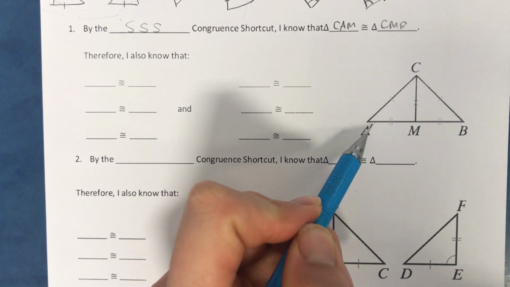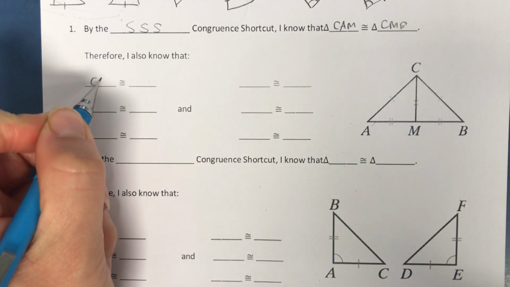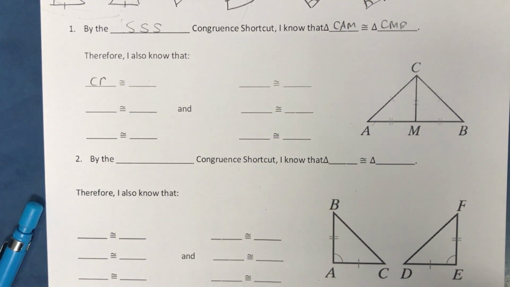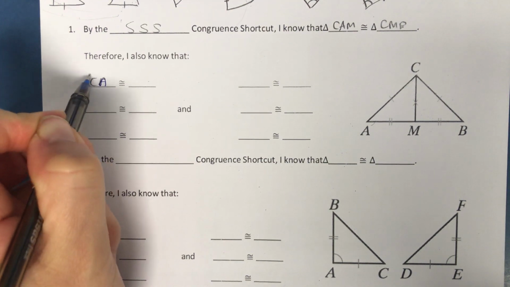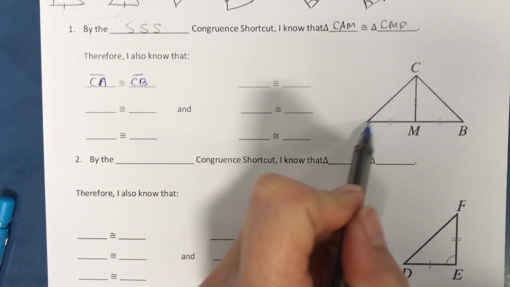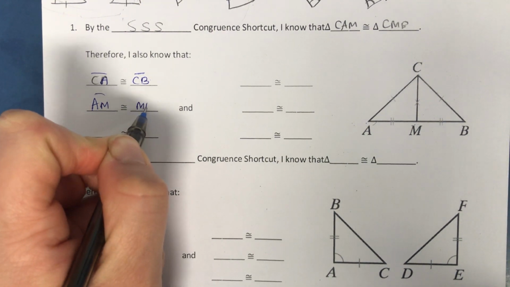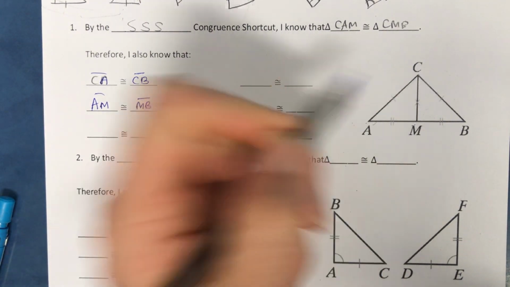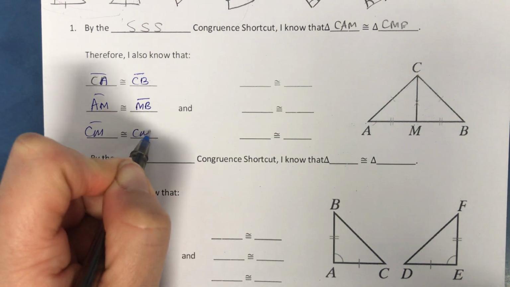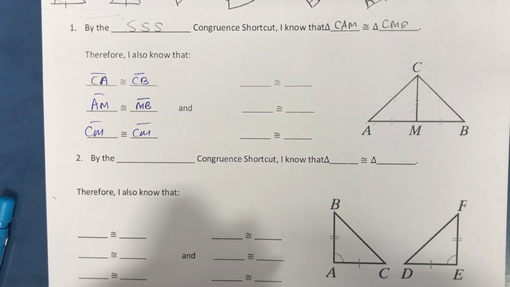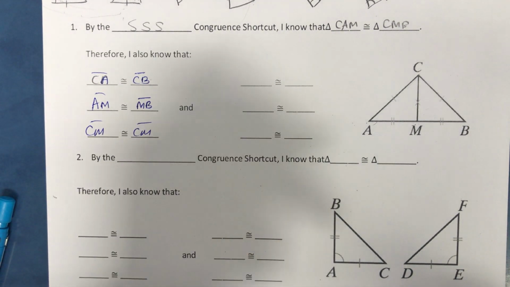So for example, CA is equal to CB, or AM is equal to MB, or CM is equal to CM. So I'm just looking at the corresponding side lengths and saying that they're congruent.